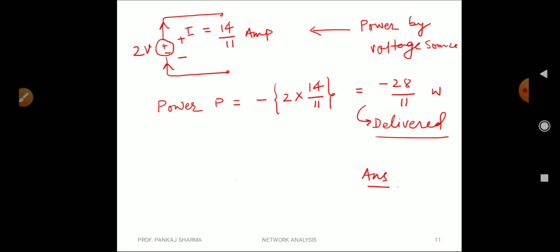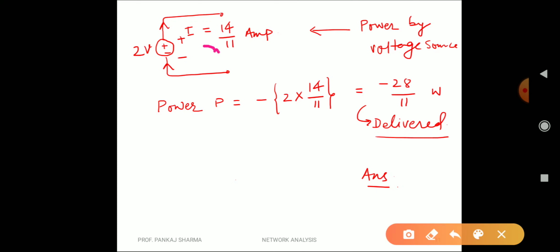Now see this, the entry of current I is at the minus terminal of this battery voltage source.